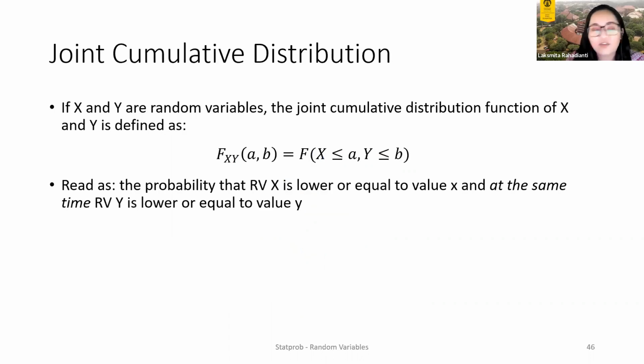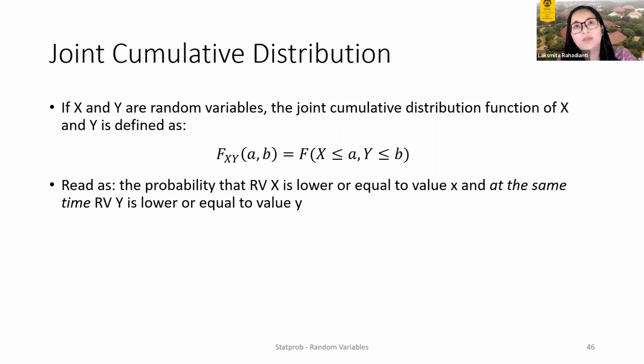So we also have the joint cumulative distribution, the CDF. In this case, we have the joint CDF of A and B. I'm talking about the condition in which X, the first random variable, is up until A. Remember, that's what the cumulative distribution is, right?